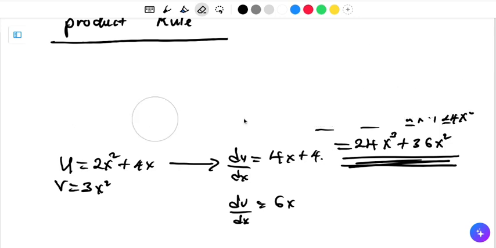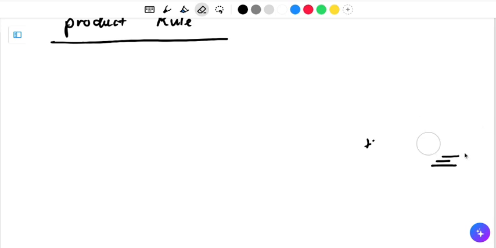Then the second one is going to be the quotient law. So you need to know when to apply product law, when to apply chain law, and when to apply the quotient law. The quotient law focuses on the division of functions.